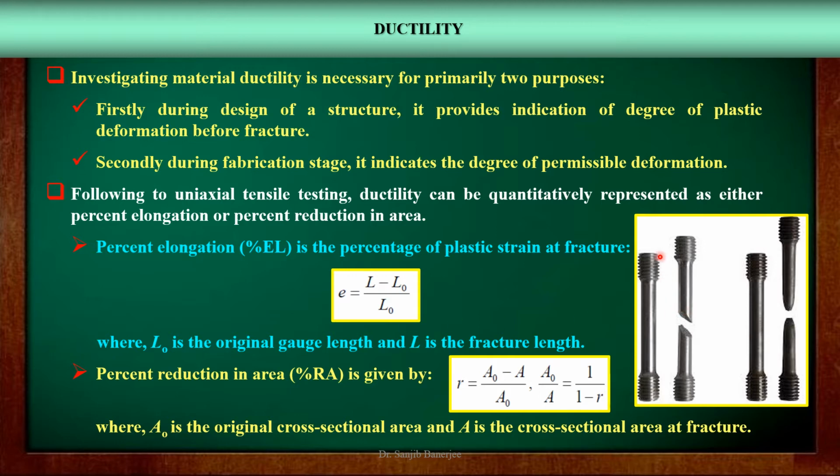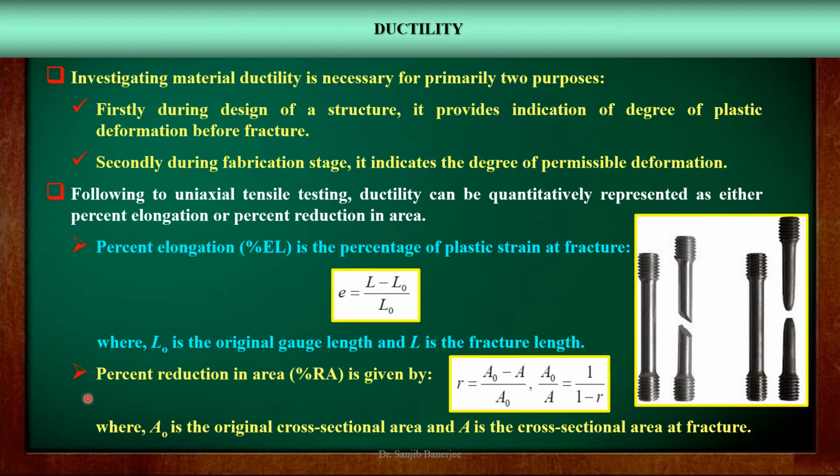In this figure, we can see that this is the gauge length of the tensile specimen before the tensile test, and this is the tensile specimen after fracture. So there is an increase in length which we can measure with respect to the original length L naught.